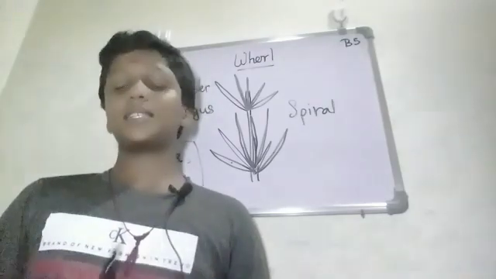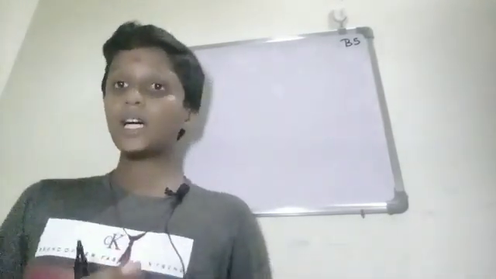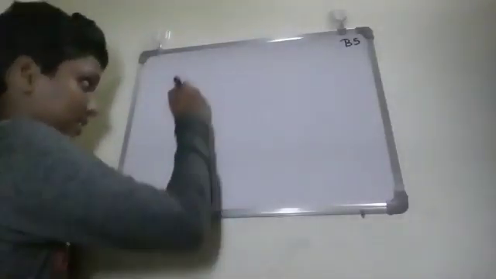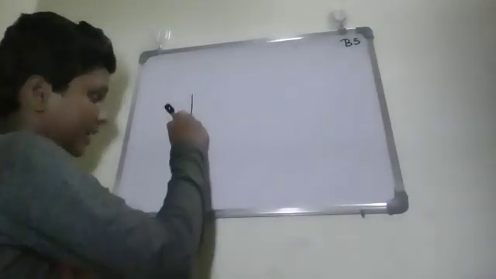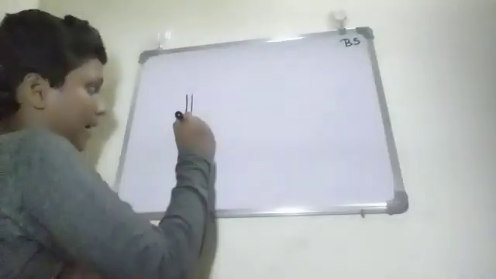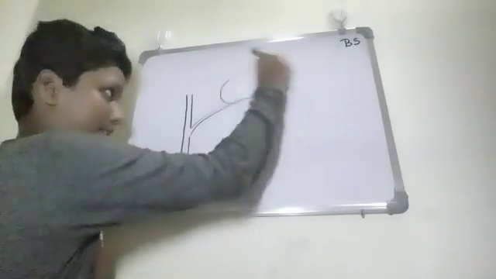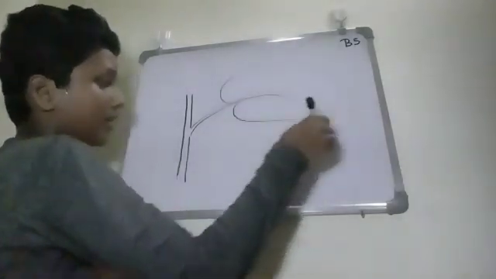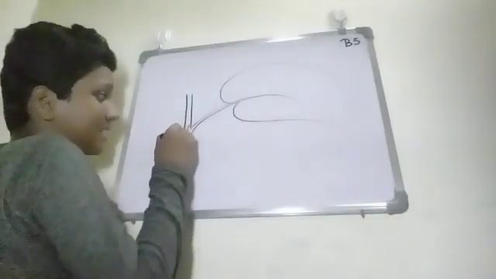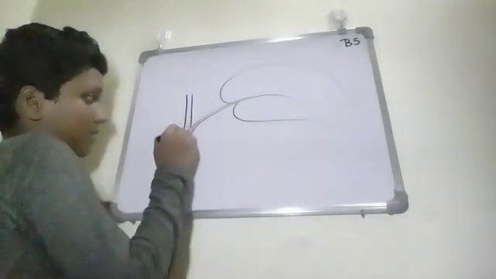And now let us look into the types of leaves. We learned about the leaf base, right? Here you can see this is the stem, and here we have the petiole. And here comes the leaf. We learned that this portion is called the leaf base.